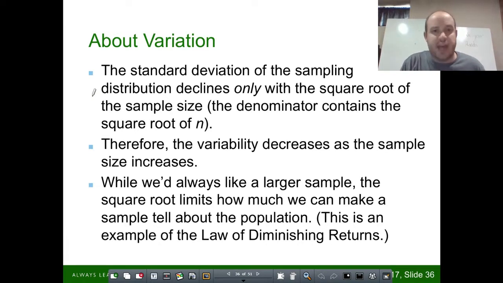If I wanted to know the average percent of students that are going to graduate, I don't want to go into Dr. Blair's office and say, well, we'll have anywhere from 20 to 90% of our students graduate. That's not going to be a good enough response for him. He wants that to be a much more narrow, maybe like an 80 to 85% chance that they're going to graduate.